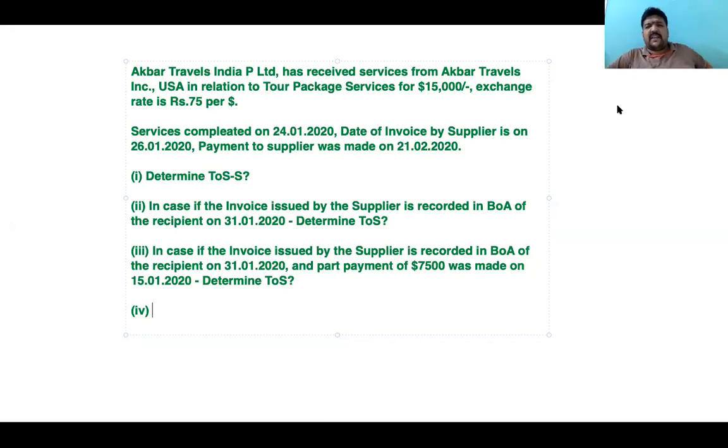No, no, Sai Subramaniam, there is some date problem. Kindly read through the question once again.